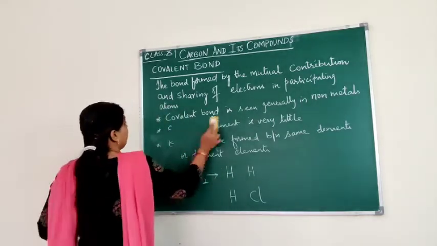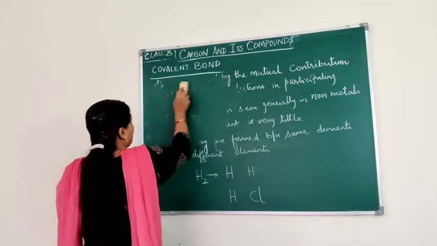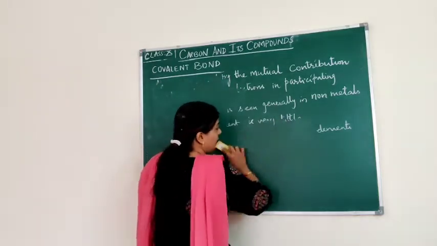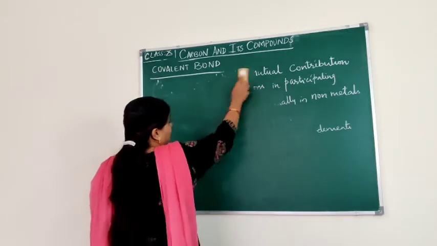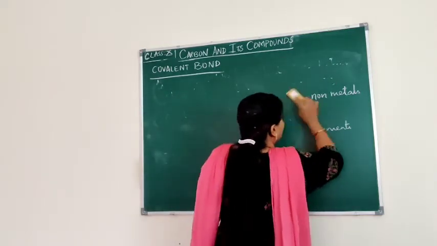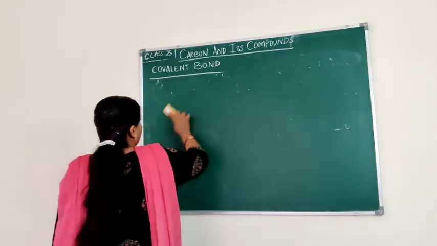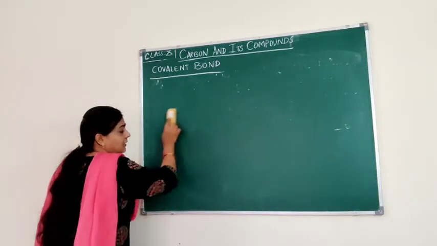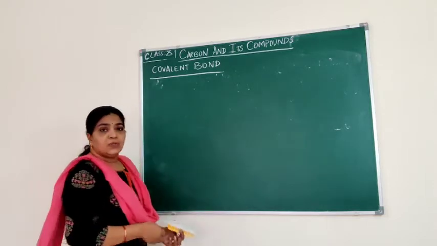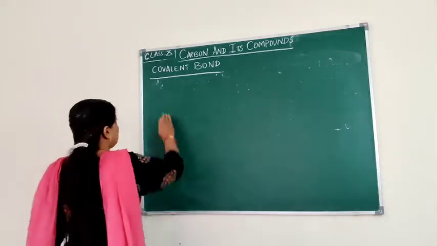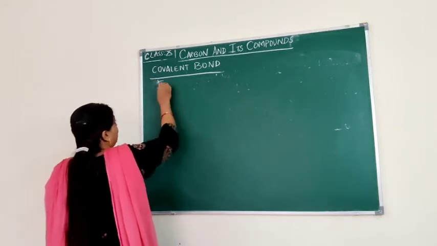Let us see a few examples, and this is very important. Covalent bond formation and the dot formula we'll be writing now are very important from an examination point of view. So let us start with the simple one, the formation of the hydrogen molecule.